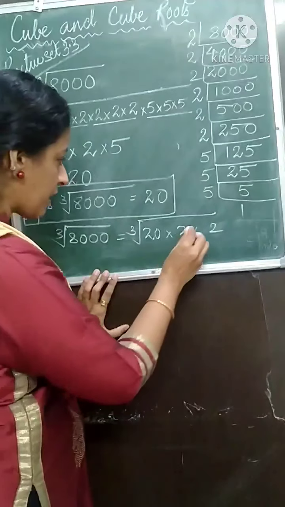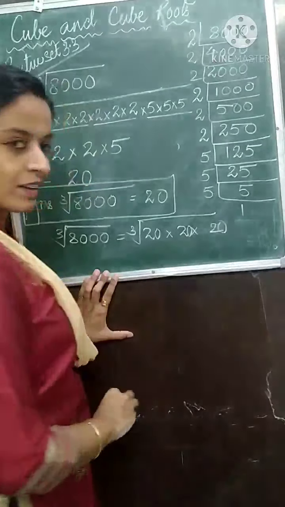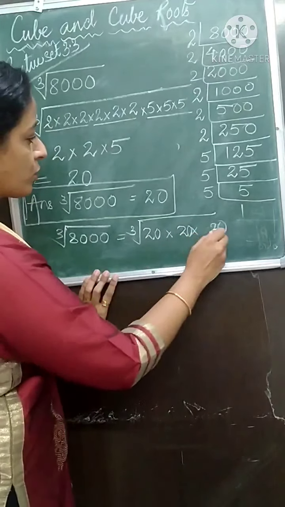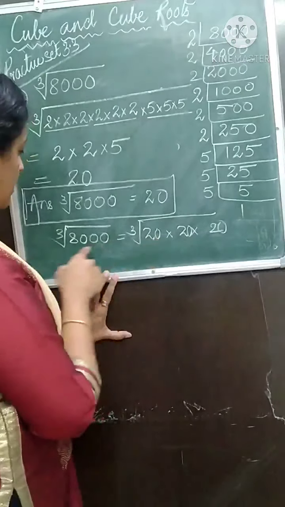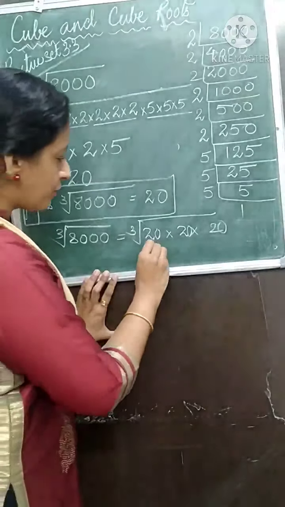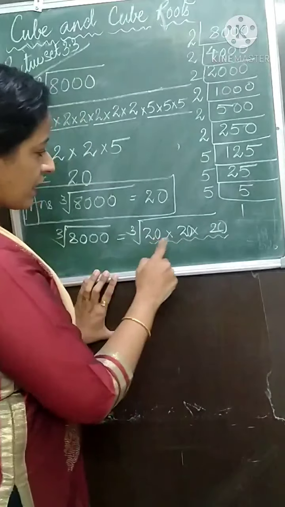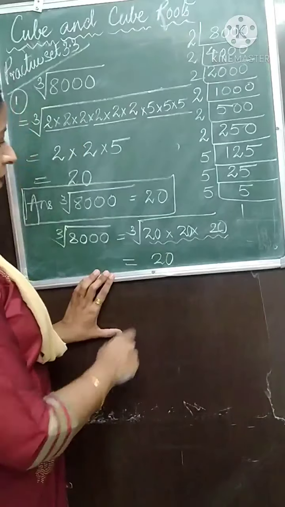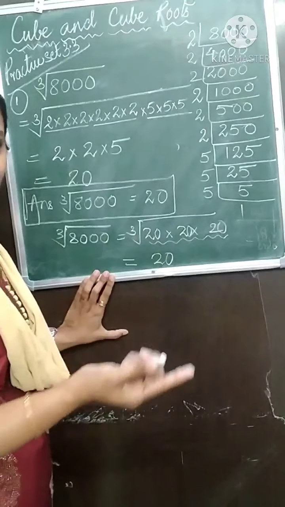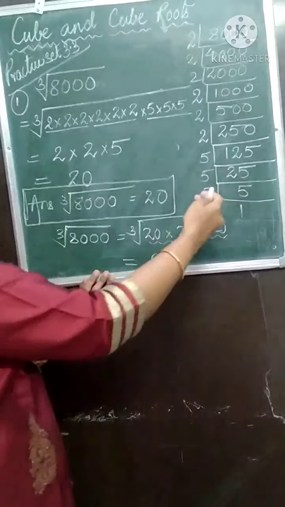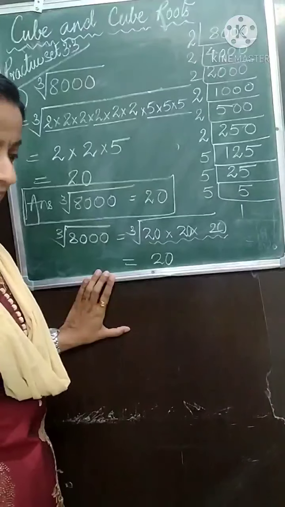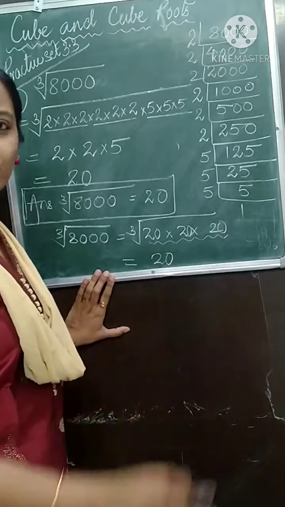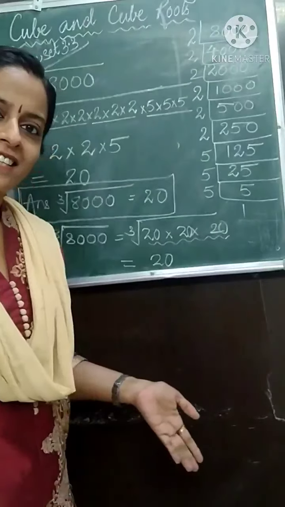So each 2 will get 1 zero. So this became 20, 20, 20. 2 twos are 4, 4 twos are 8 and 3 zeros. So out of 3 twenties, 1 twenty will come out. Is the answer the same? This is the factorization method, and this I directly know the table of 20, so I wrote it and got the answer.